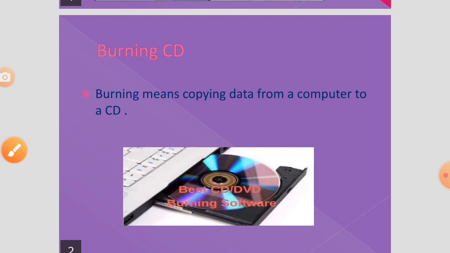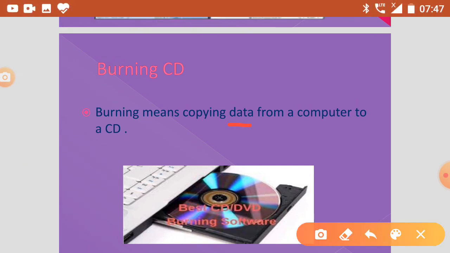First topic is burning. When we copy data from a computer to a CD, that is known as burning a CD. You can also say that we are creating a CD, means that you are filling material in your CD. In the last video you read about ripping.